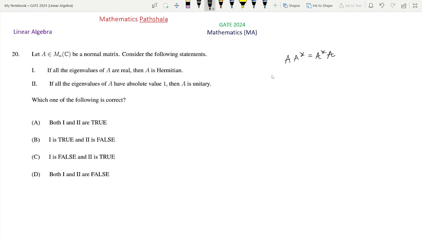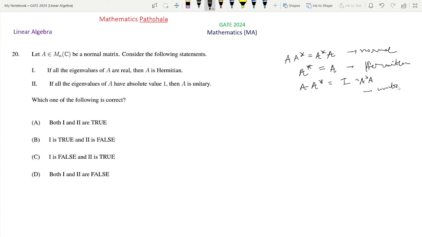Let us recall the definitions of Hermitian and unitary matrix. This is the definition of a normal matrix. And if for a matrix A, A star equals A, then A is called self-adjoint or Hermitian. And if for a matrix, A A star equals I equals A star A, then this matrix is called unitary.